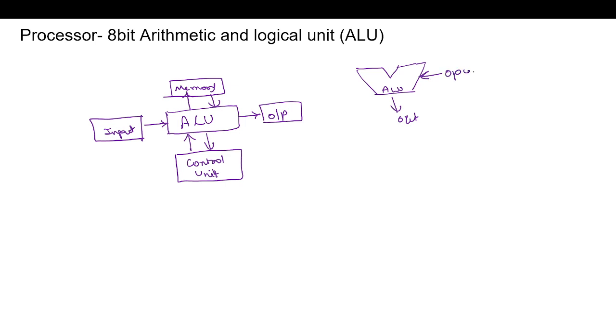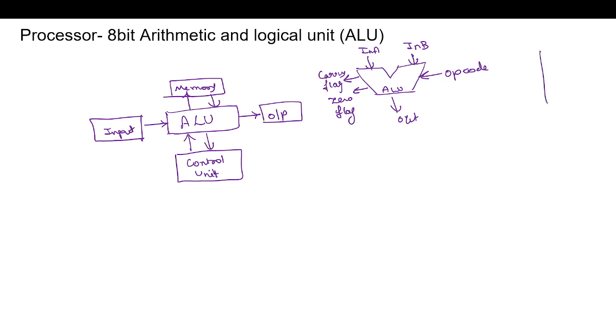Based on the opcode, it has to perform the operation on two inputs, A and B. And then we can have two more flag signals, carry flag and zero flag.